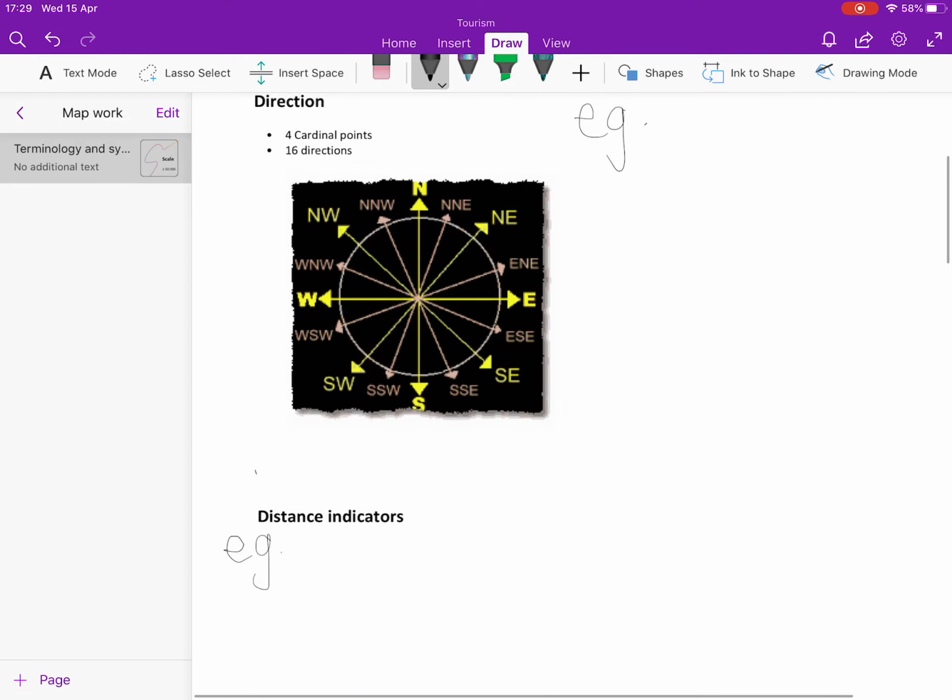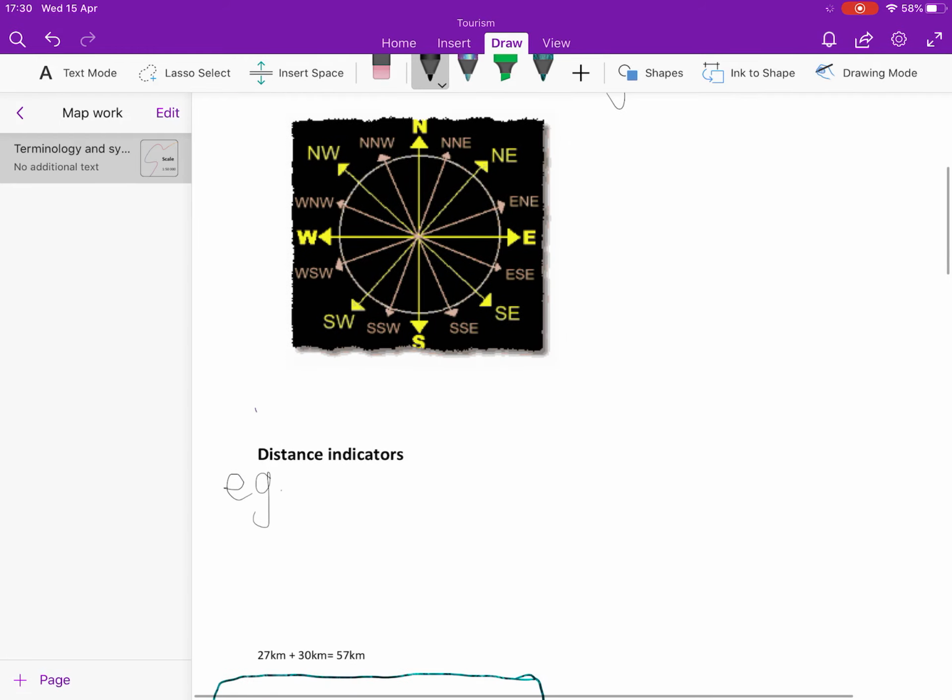So the symbols, I actually want to draw a few for you. A few of the symbols that you should be familiar with is definitely something like a hospital. For a hospital, the general symbol that you always see would be a bit of a block with a cross in the middle.